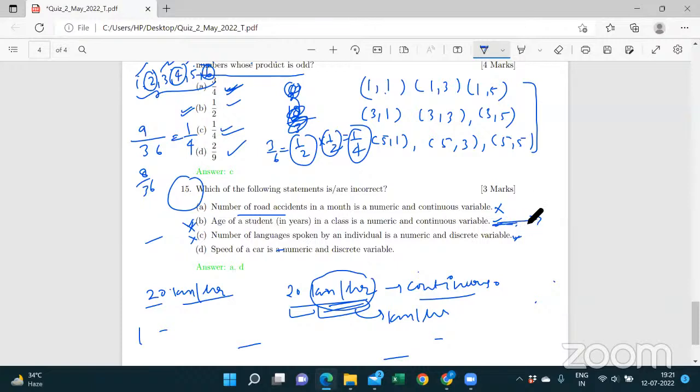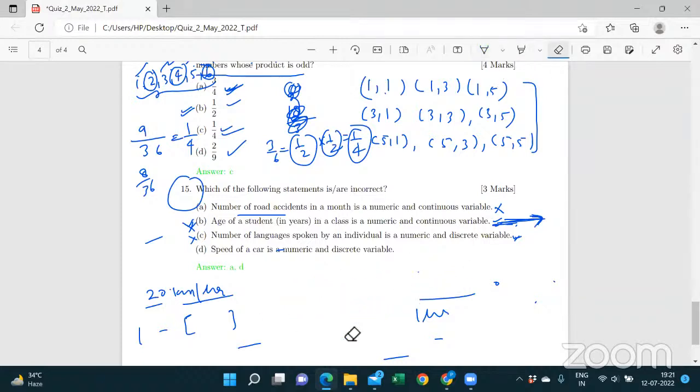Sir, but age can take any numeric value between two intervals. Between 9 and 10, it can take 9.5. That's why it's continuous. Yes, sir. Let's assume a class of 10th class students. What will be the minimum age?